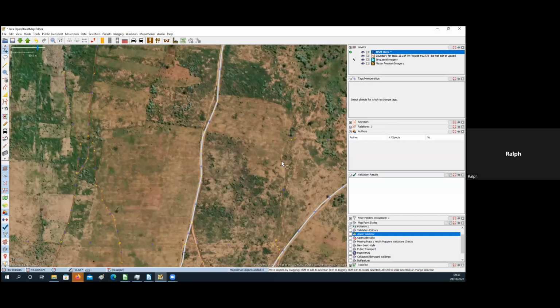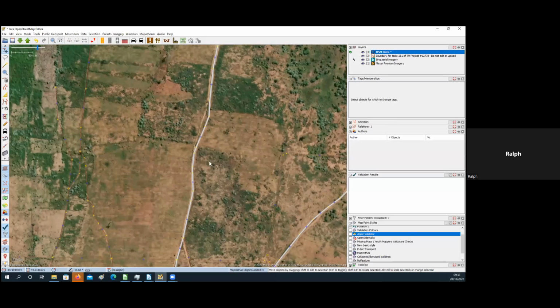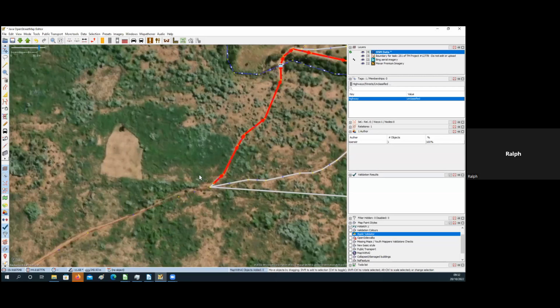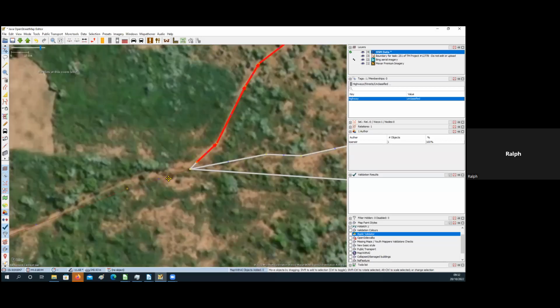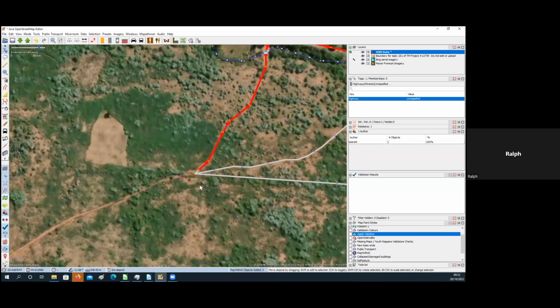Okay, now that is not quite right here. You see the sharp angle that all of these roads meet at. They do change to a path. However, if those are roads, how does a car get around that corner? So this is something you need to think about, sharp corners.